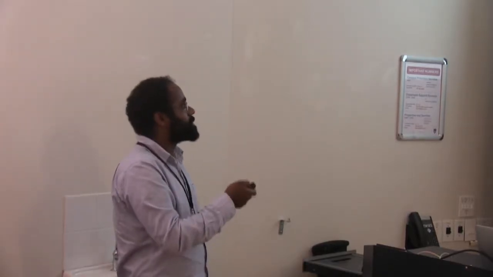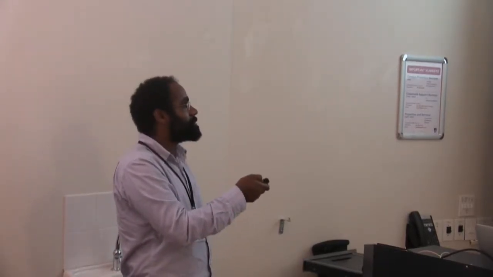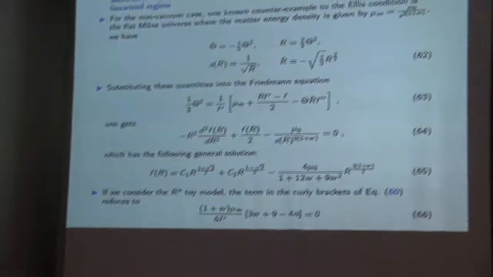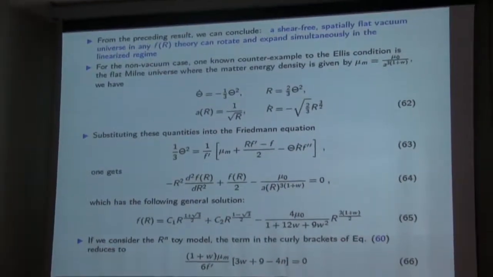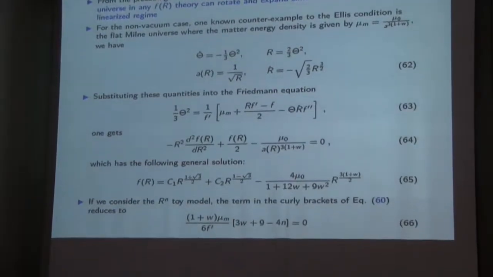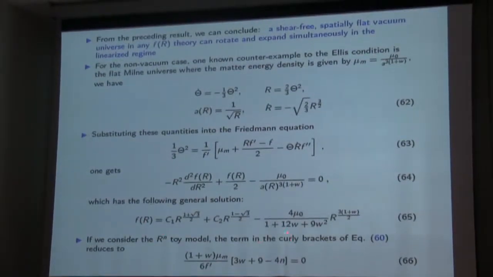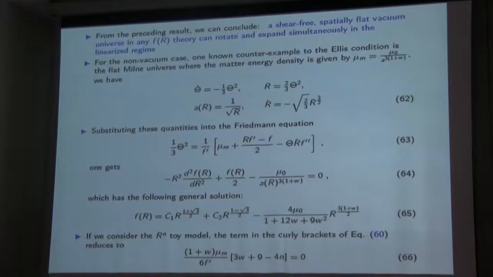If we have a universe, flat means a universe with this kind of energy density, one can also get a model of f of R that can explain a universe that expands and rotates at the same time, provided that the form of f of R is given by this expression here.